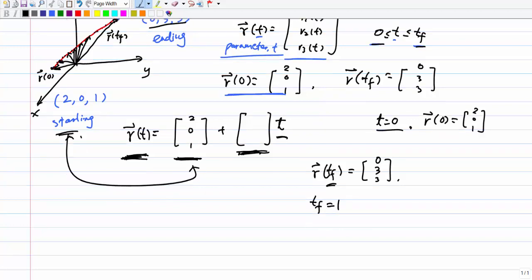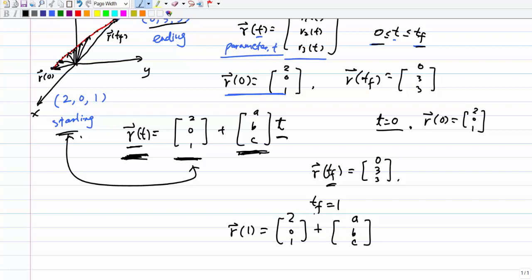I don't know what number I should put over here, so let's say a, b and c. If I put t equal to 1, I get (2, 1, 0) plus (a, b, c) times 1, which I want to be (0, 3, 3).